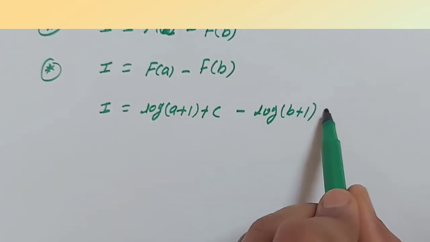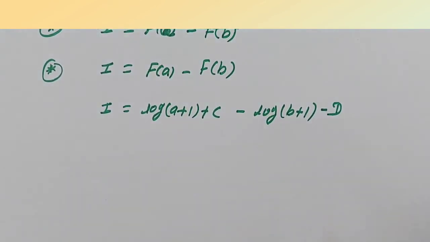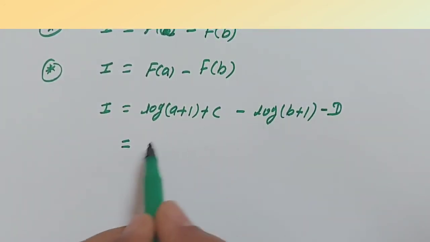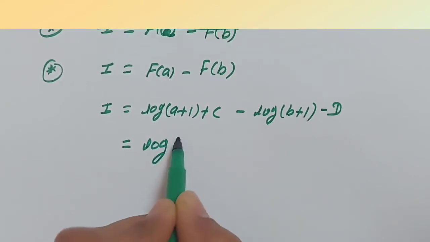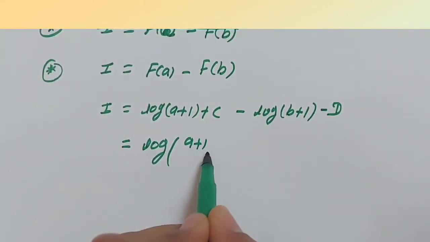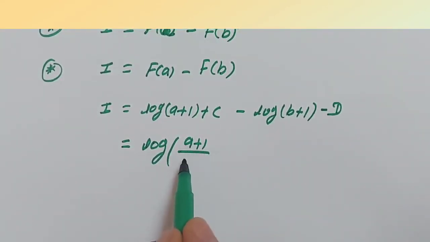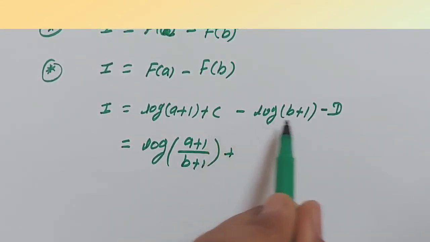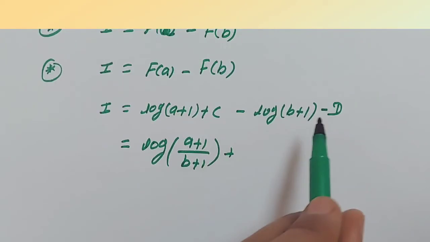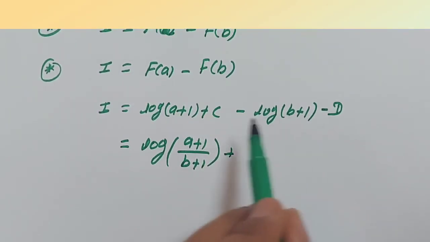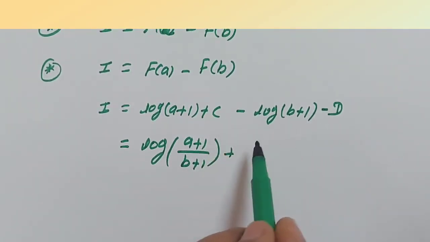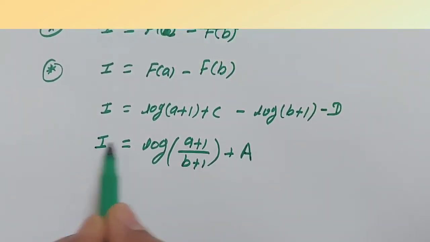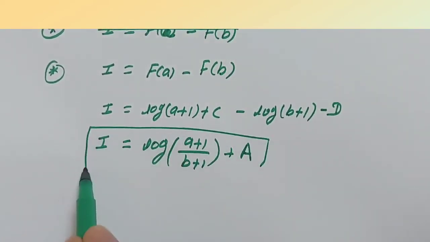So because of this minus, it is minus d. So using property of log a minus log b is log of a by b. So it is log of (a plus 1) divided by (b plus 1) plus c minus d. c is integrating constant, d is also integrating constant. The subtraction becomes a new constant. So new constant we take capital E. Hence the solution of our integration.